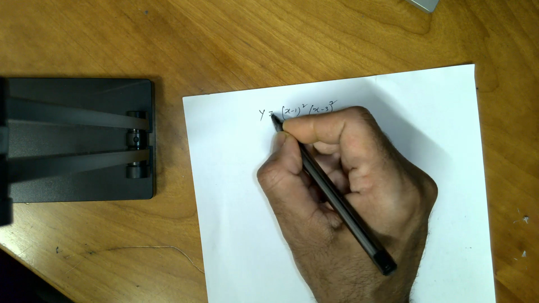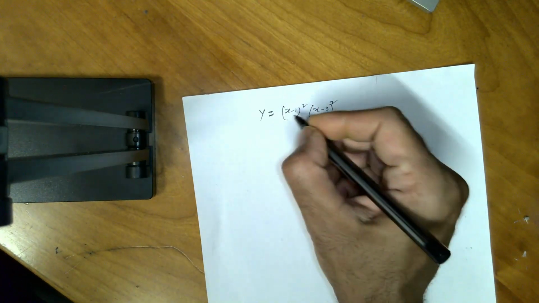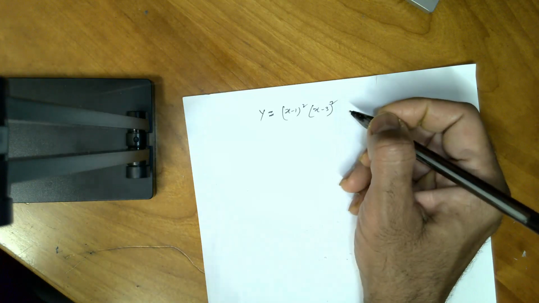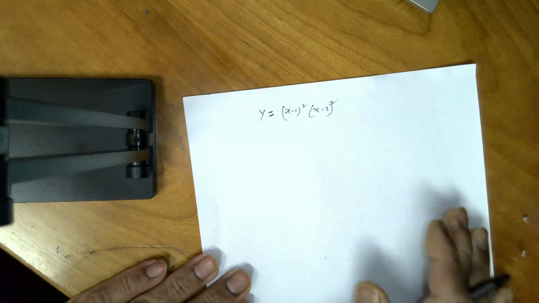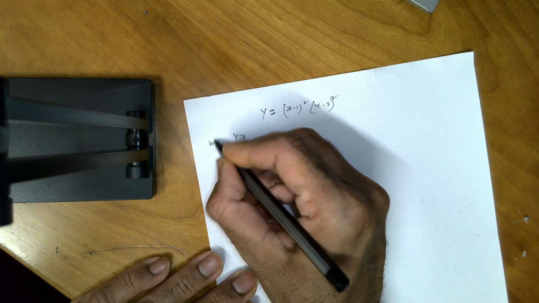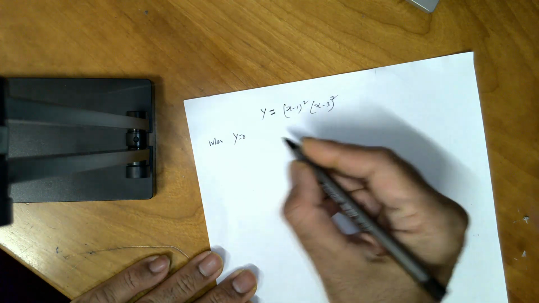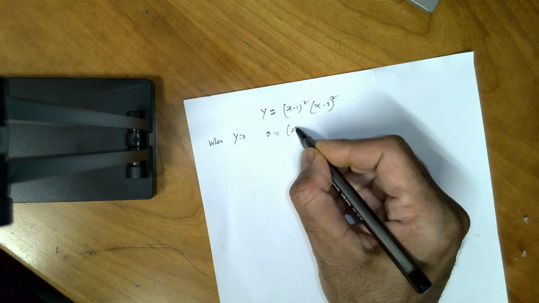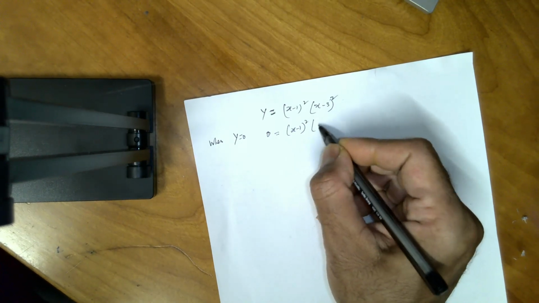Okay, so these two brackets squared. Remember that. So straight to that, when y equal to 0, okay, when y equal to 0, you will get it like this.